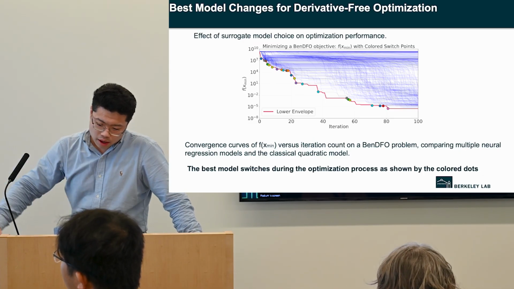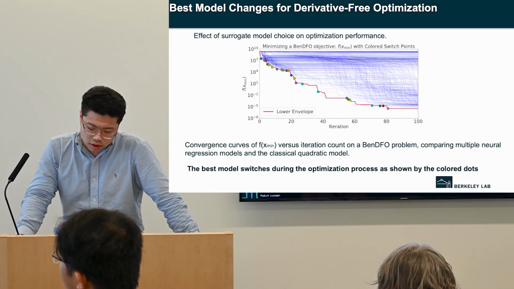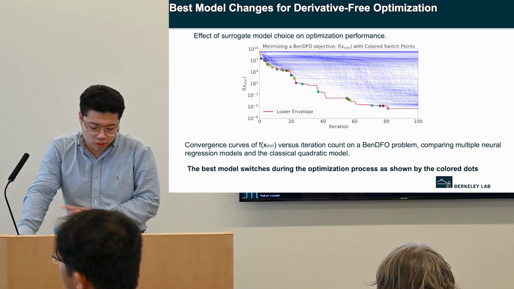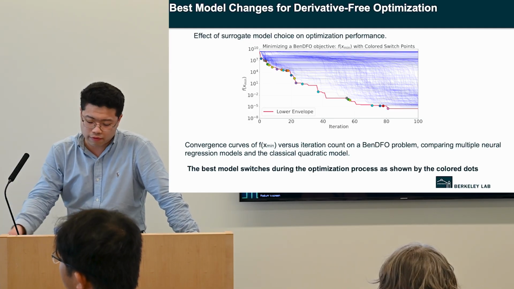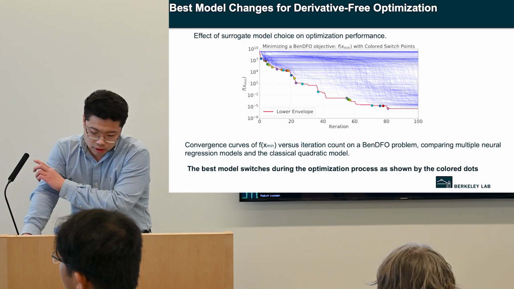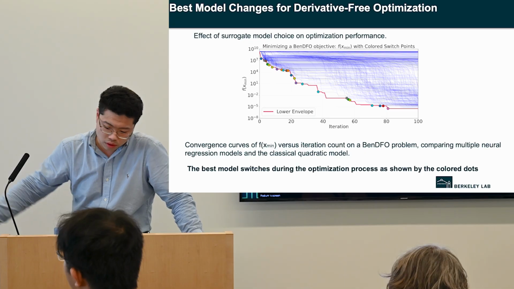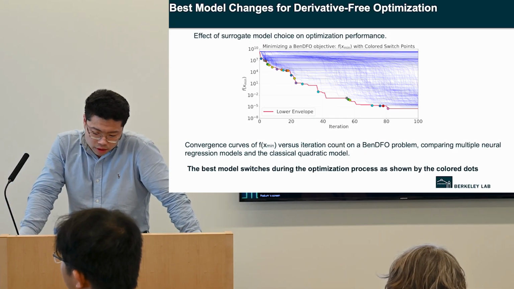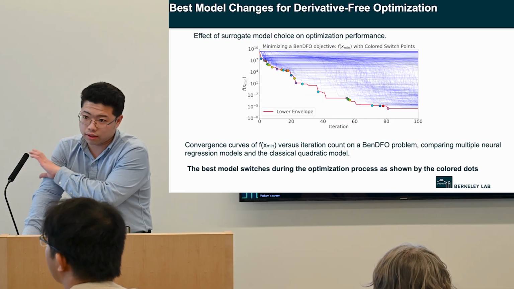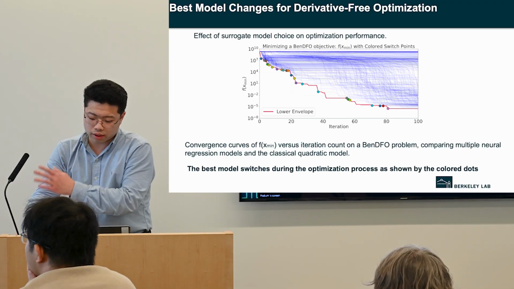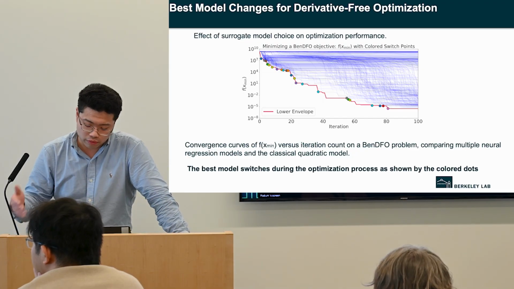Each model corresponds to a single curve here, which shows the convergence curve of the best function value at each step. Each point colored in red shows which model is best at this iteration step. During the optimization process, you can see the best model will change.